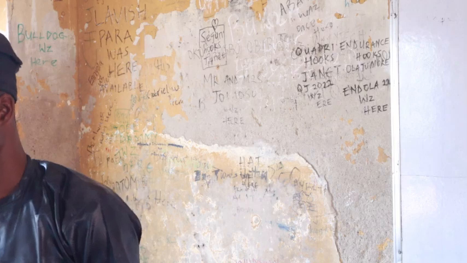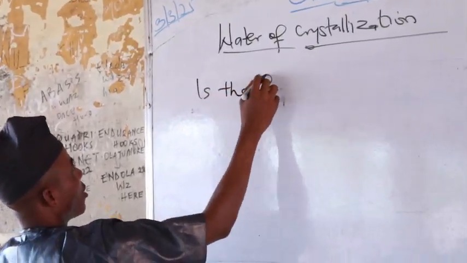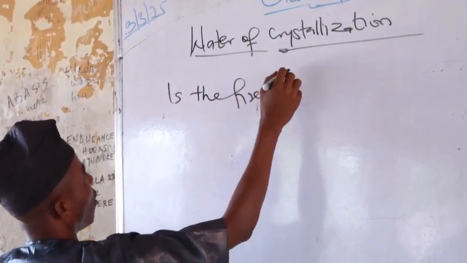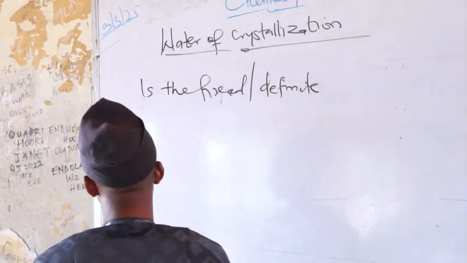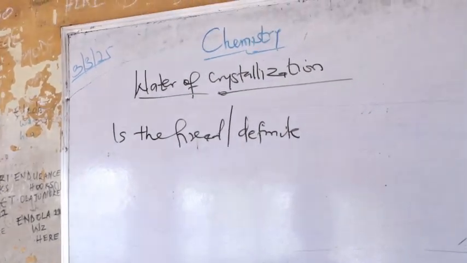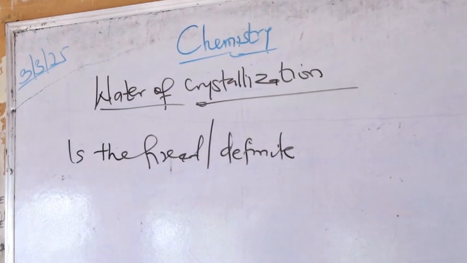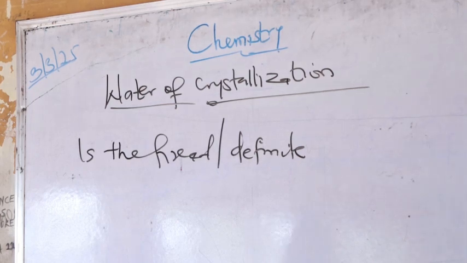It is the fixed or definite amount of water that is chemically combined to a salt in its crystalline form.